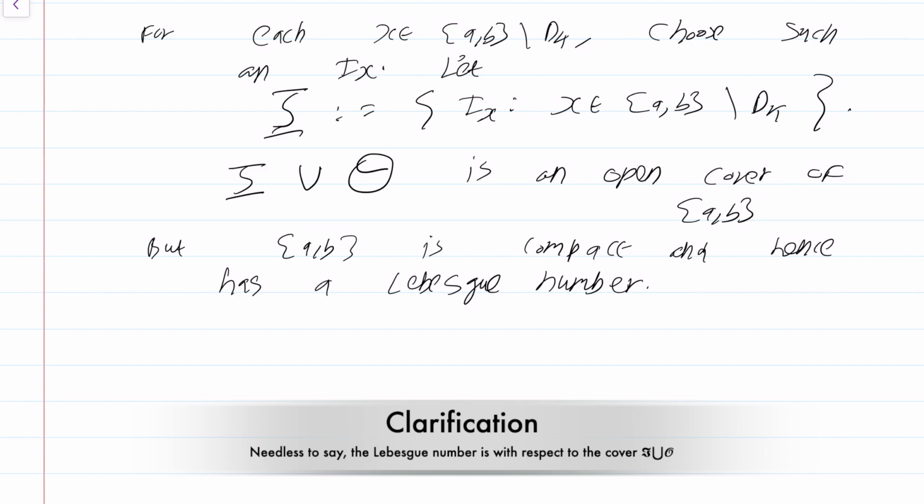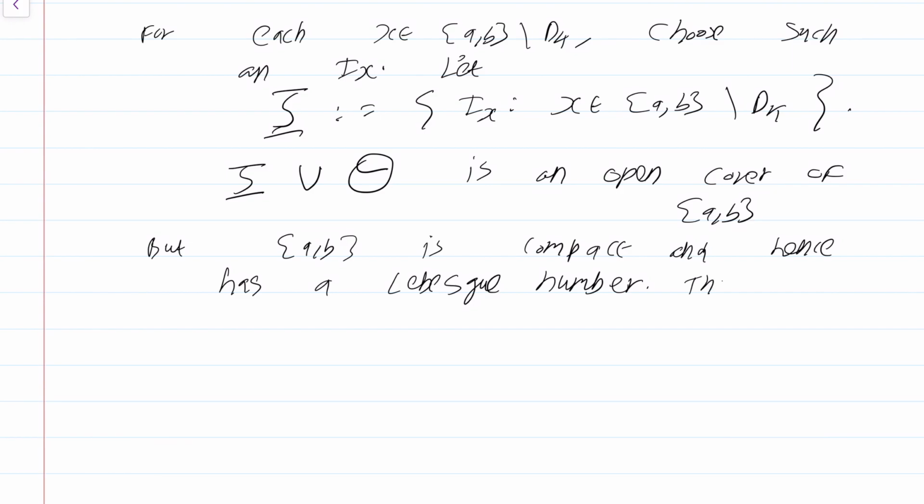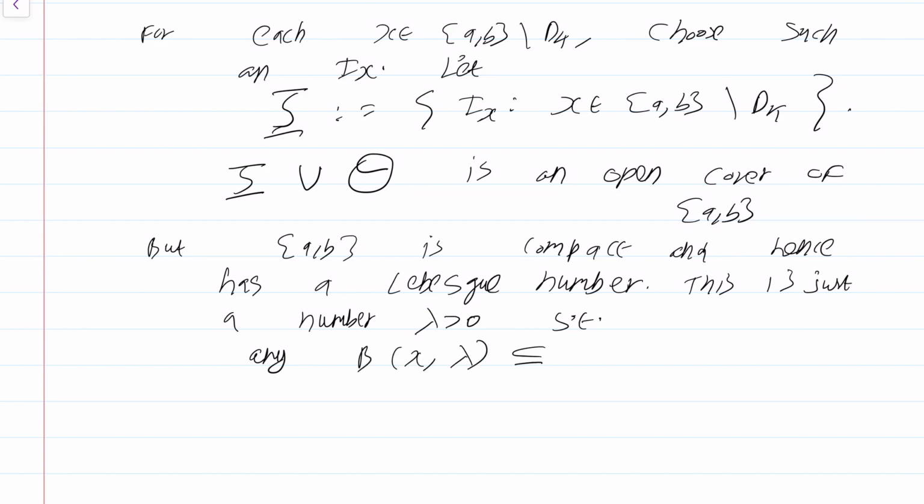What does this mean? This is just a number lambda greater than 0 such that any ball B(x, lambda) is going to be a subset of some element in I union O. Of course x comes from the closed interval [a,b].